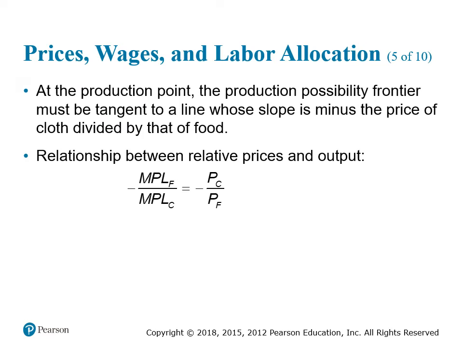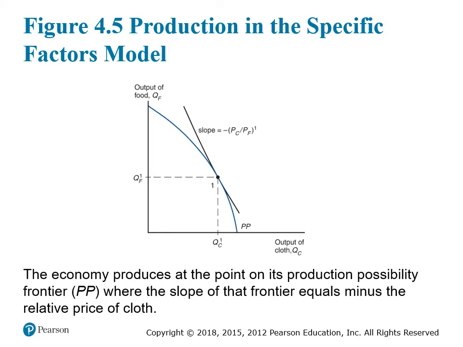Now we turn to the production possibility frontier. The question is, at which point will the economy produce a combination of these two goods? It basically depends upon the relative prices of the two goods.